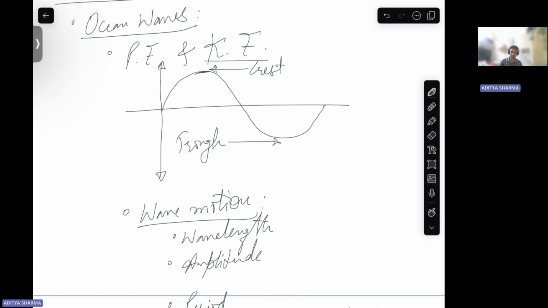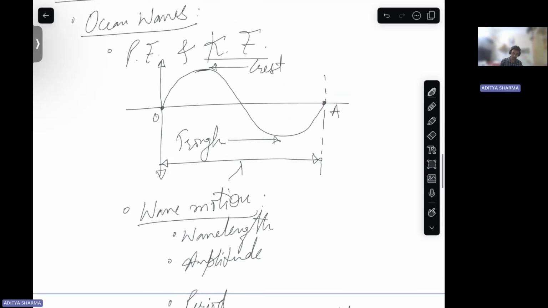So what is lambda? Lambda is wavelength. When we have seen one crest and one trough, one wave cycle has completed. And this length from O to A is your wavelength, length of the wave.